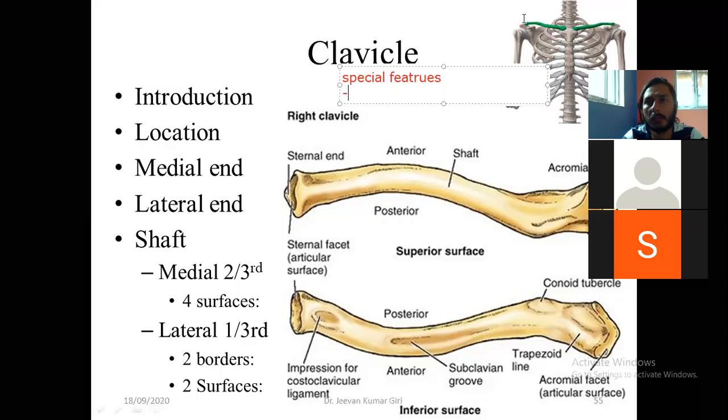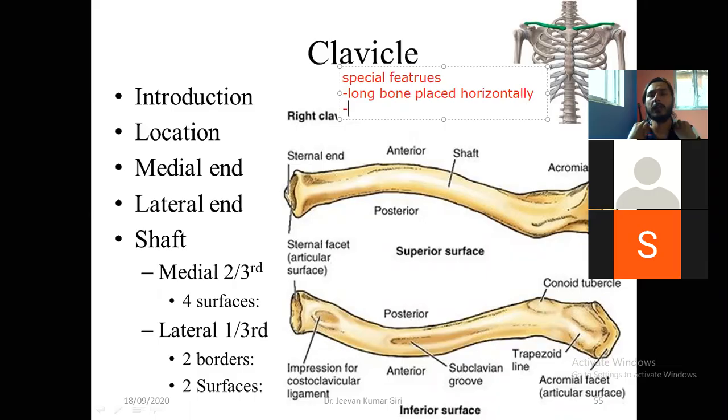So this is the only long bone which is placed horizontally. You can write it in a sentence: only one long bone that is placed horizontally. Just write that.